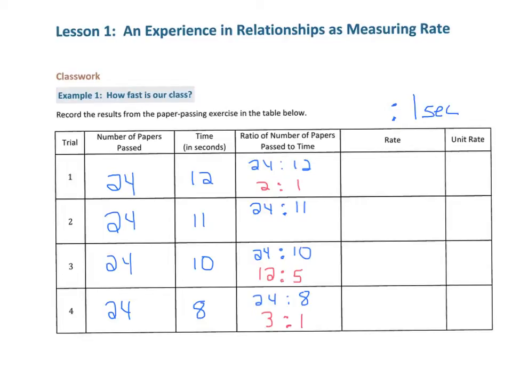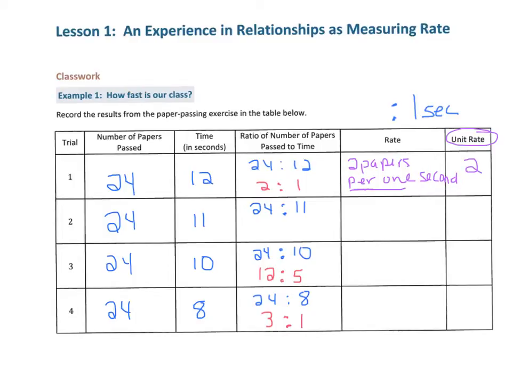So the rate for this first one is already simplified to a per 1, so it was 2 papers per 1 second. So that rate always has a per, or how many per 1. And the unit rate is how many per 1, so the unit rate for that would just be 2.